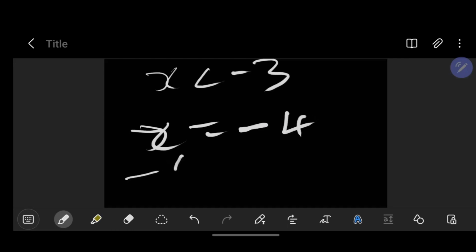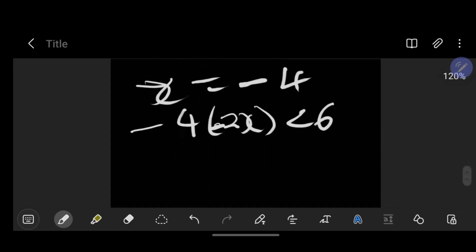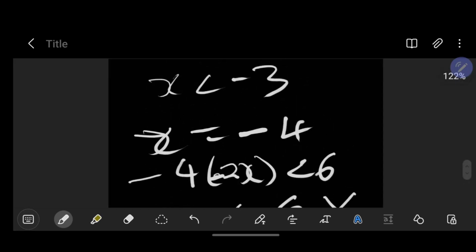So we have -2 into -4, which gives us 8, and we are saying that 8 is less than 6. And of course we know this is not true, so this is incorrect once again. So x being less than negative 3 does not make any sense.